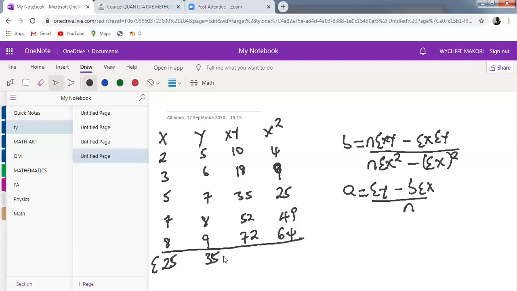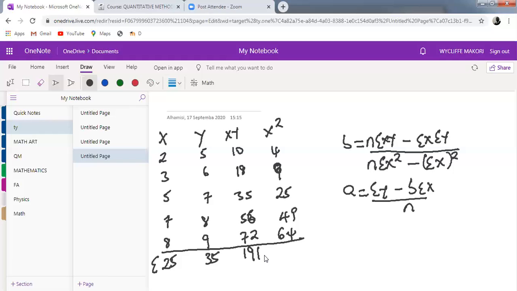Then this one is actually 56, not 52. This is 56. Then we have the summation of xy, which is 10 plus 18 plus 35 plus 56 plus 72, which comes to 191.